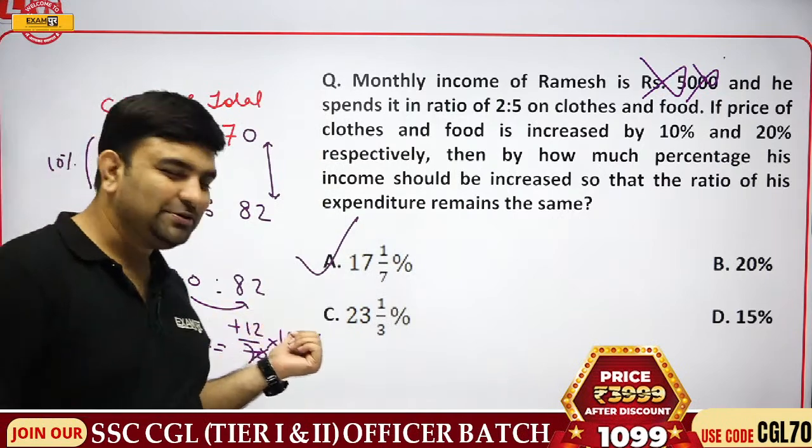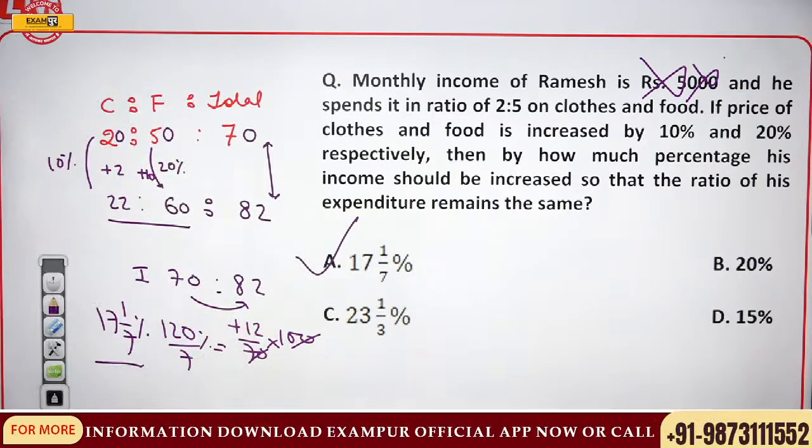So there is an increment of 12 over 70 into 100, and that is the answer.